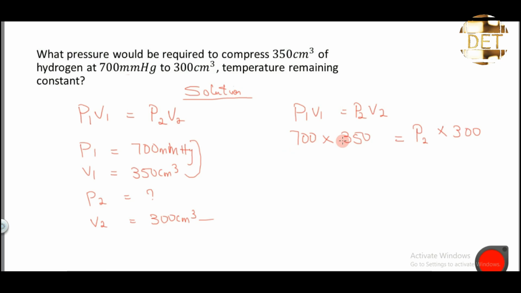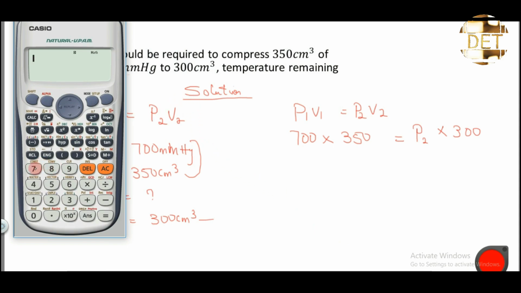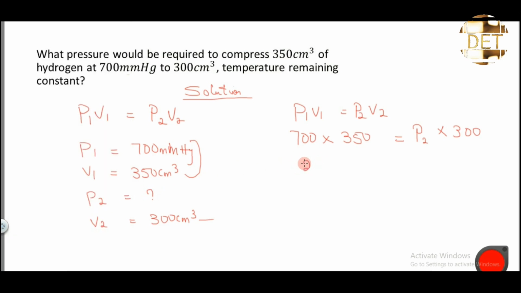So 700 times 350 will give us what? 700 times 350 will be equal to 245,000. So 245,000 is equal to P2 times 300, which gives me 300 P2.